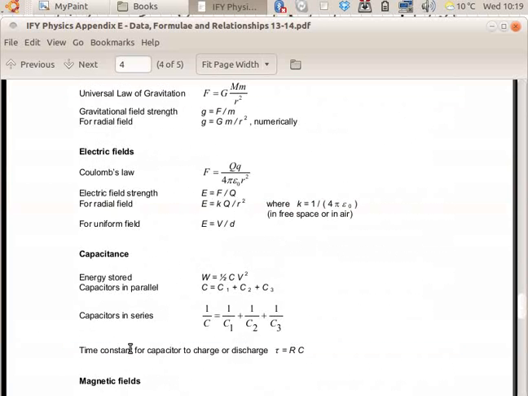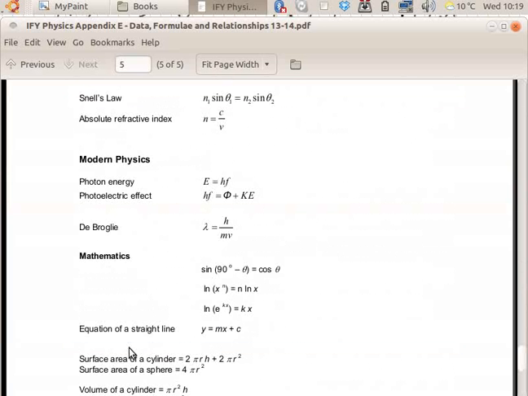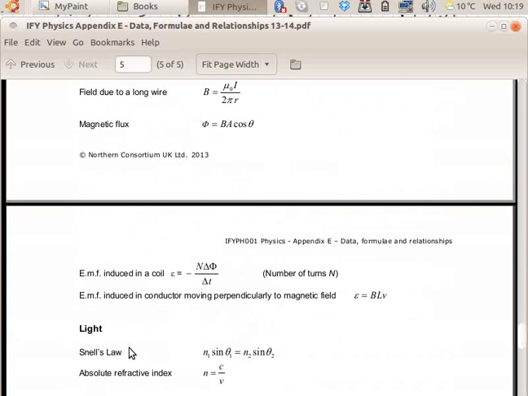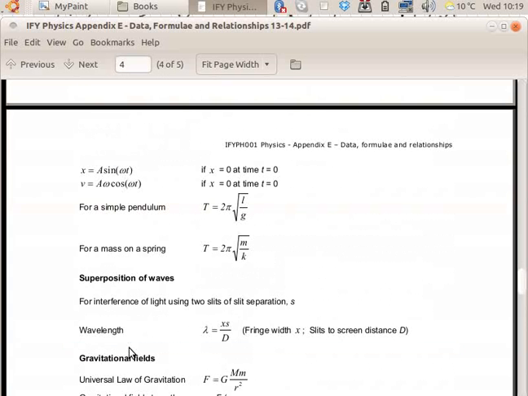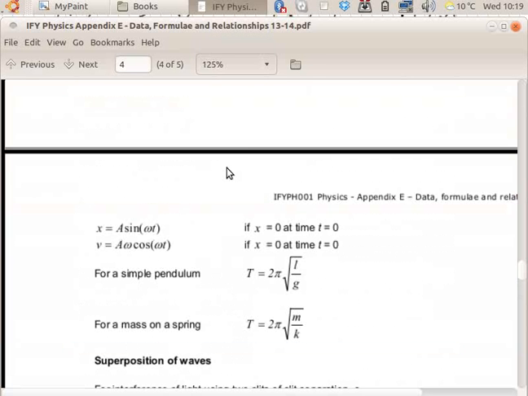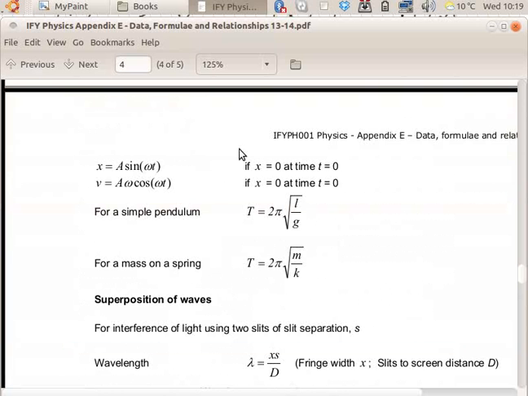Alright, I don't think it is in the formula book, so I'll have to tell you what it is. Oh no, it is in the formula book. Look carefully. Let me zoom in a bit. This is the formula for velocity.